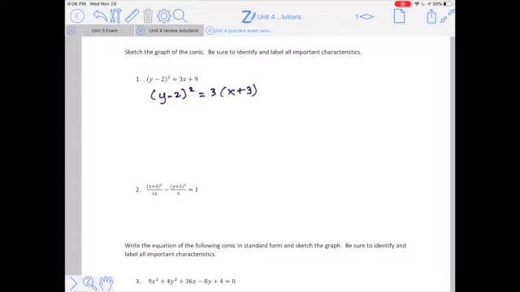And then, like I said, there's a shift up 2 units. So left 3, up 2, that's going to be where the vertex is. So I'm going to go ahead and just make that my origin, where that vertex is.